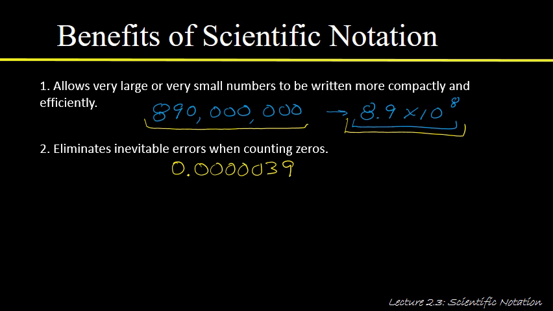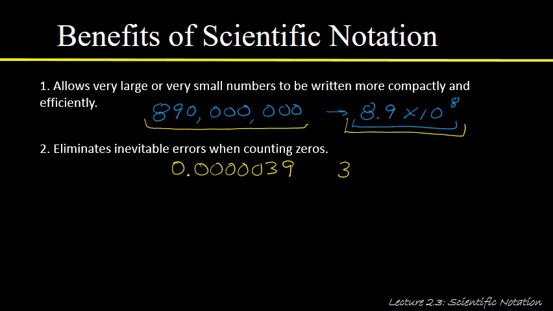I see a lot of people looking at their calculators and they use a little tip of their pencil to kind of count, okay, 1, 2, 3, 4, 5 zeros, and then when you write the number down on your paper, you're trying to make sure you put in the right number of zeros. It's really confusing, and it's really easy to make mistakes when you're trying to count all of those zeros.